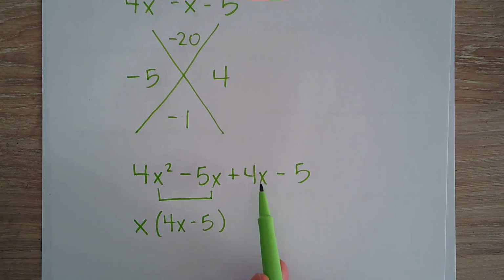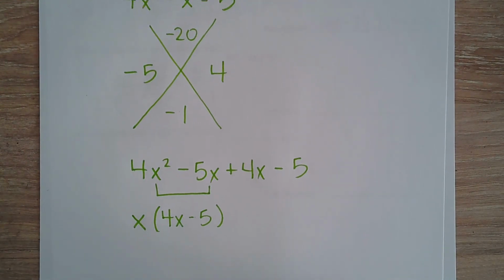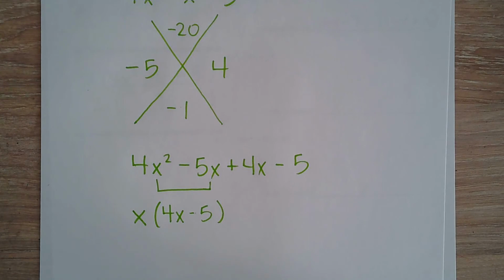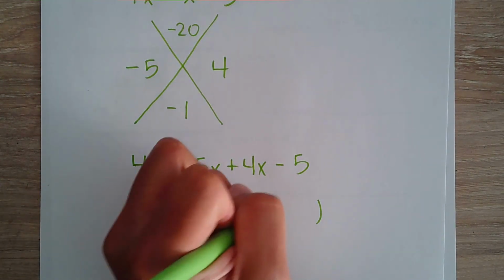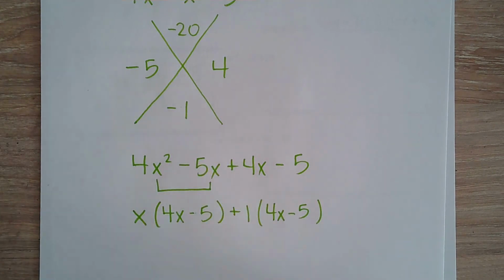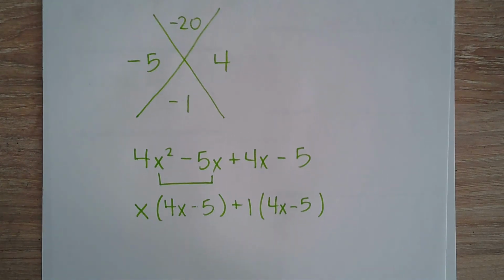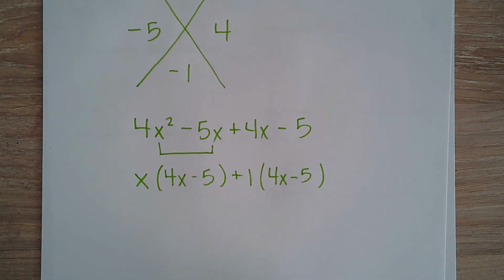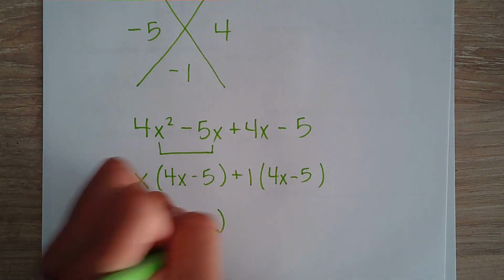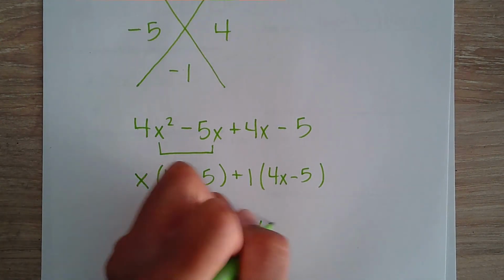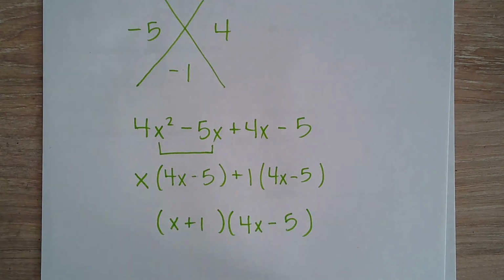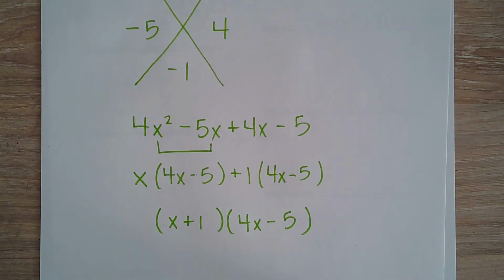The greatest common factor of 4x minus 5 will be just 1, so plus 1, and then in parentheses, 4x minus 5. All right, so in parentheses, we have the same thing. So now we write it in factored form: x plus 1 multiplied by 4x minus 5. So yeah, that's our answer for that.